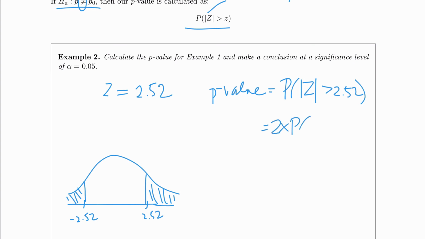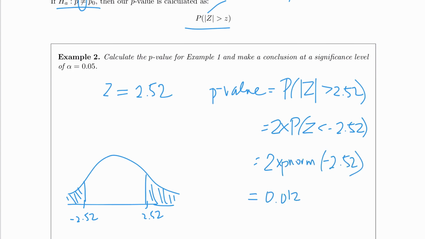For convenience, since R allows me the flexibility of calculating lower tail probabilities, I'm going to calculate the left tail. That's a little bit easier here. Plugging this into pnorm, I get a p-value of 0.012, and now we just have to compare the p-value to our alpha of 0.05.